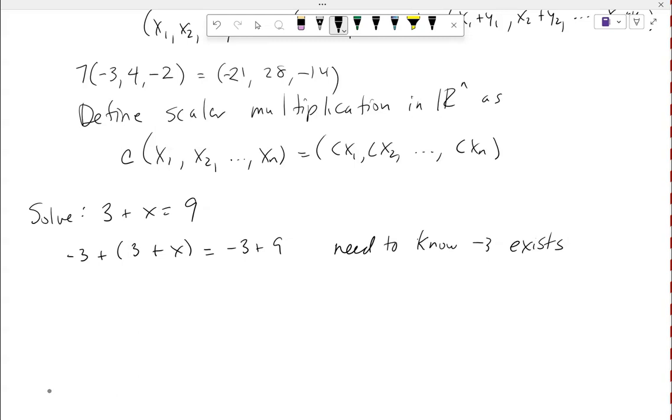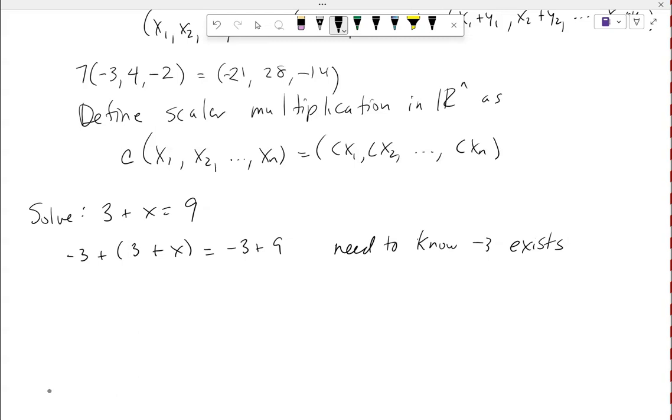Okay, all right. Notice though, if I know what the symbol means, 3 plus x, whatever that happens to be, represents a single object. So whatever that object is, I'm adding the -3 to it. So my parentheses are here. The whole reason why you told me to add -3 or subtract 3 is to make this 3 go away.